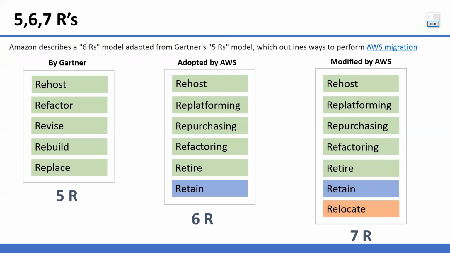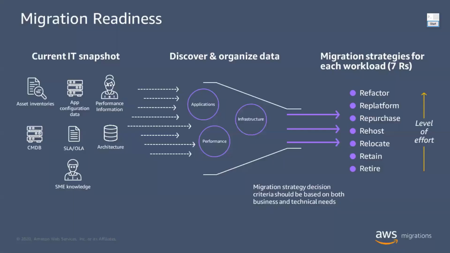Later on, they modified the 6R model and developed a 7R strategic model for migration of applications and data centers to the cloud, adding another strategy known as relocate. So these 5R, 6R, and 7R models were initially developed by AWS.